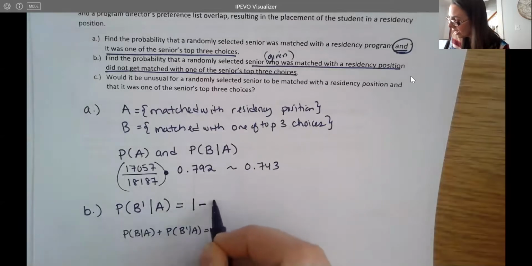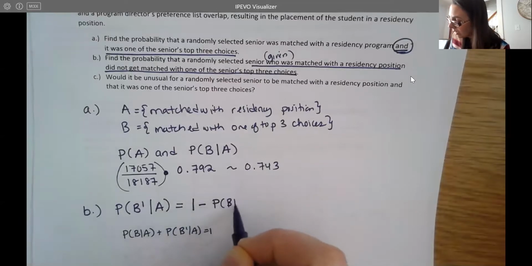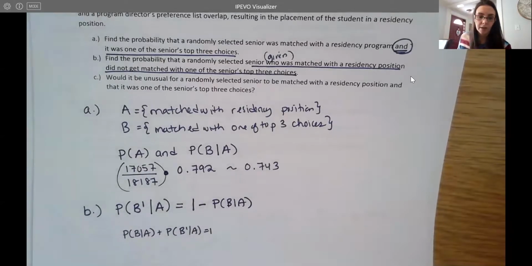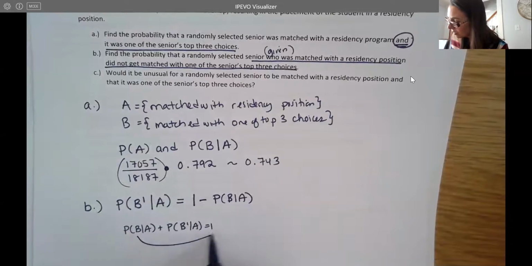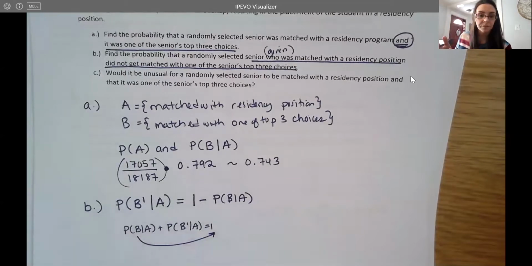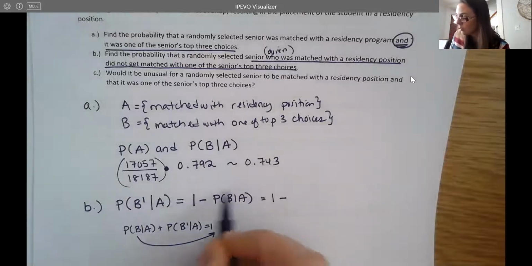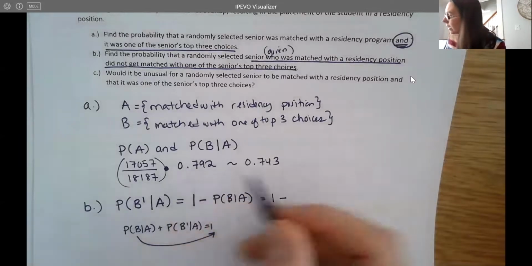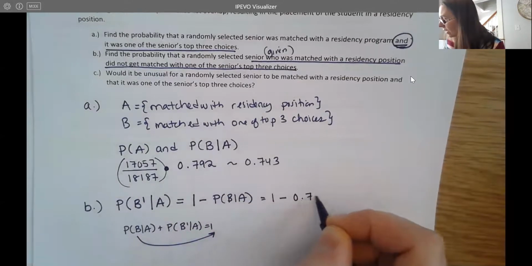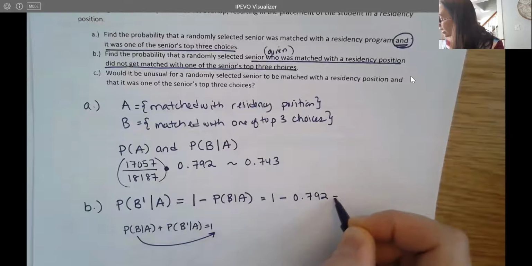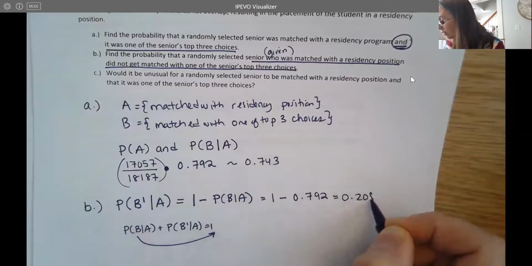And then if I subtract out the probability of B given A, I should get the complement, right? Because I can move this to the other side by subtraction. I know this value already. It's right here. It's 0.792. And when I subtract, I get 0.2.